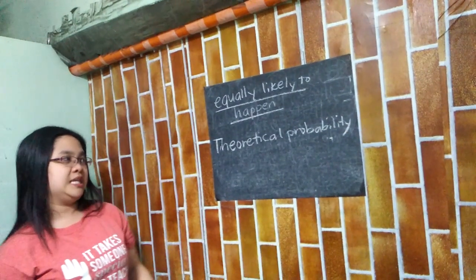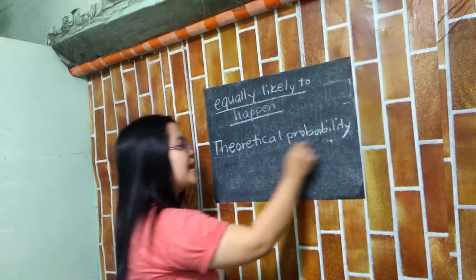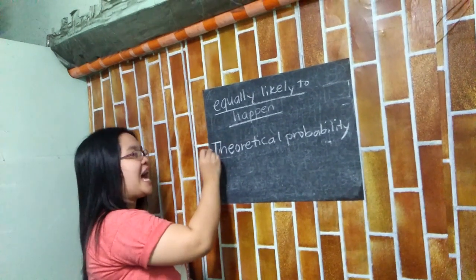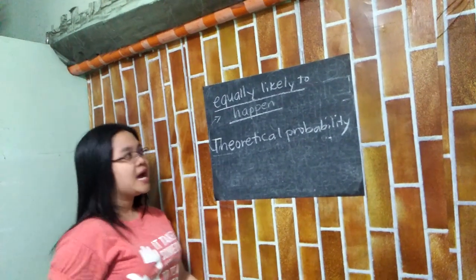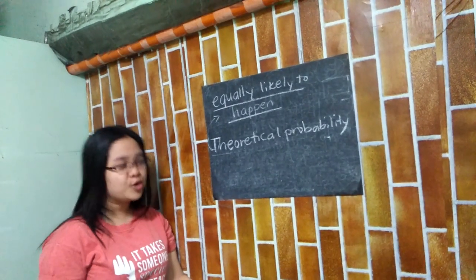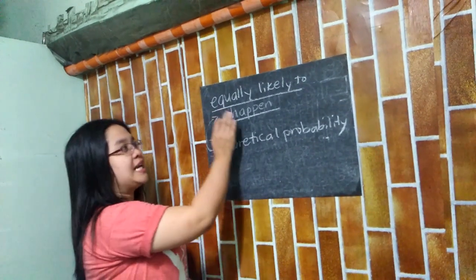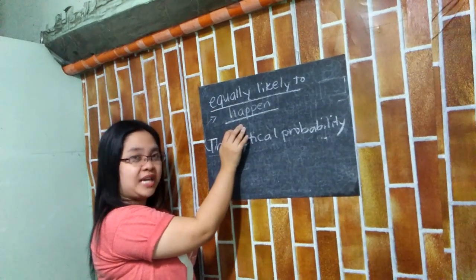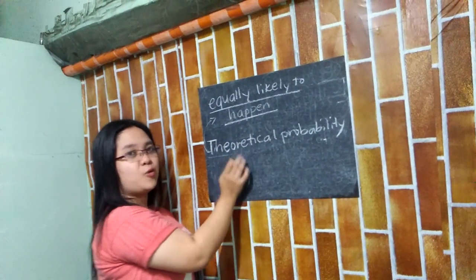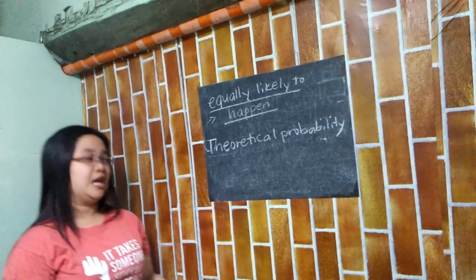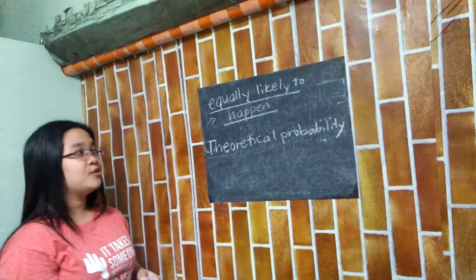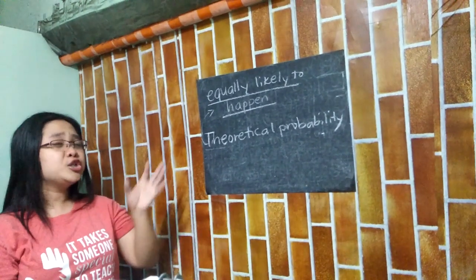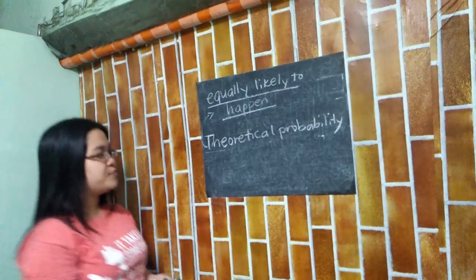Theoretical probability. When you say theoretical probability, it came from the premise that we can assume that all the outcomes or events given are equally likely to happen. That's what we meant by theoretical probability. To make it easier to get the theoretical probability of a given outcome, you just simply follow this formula.